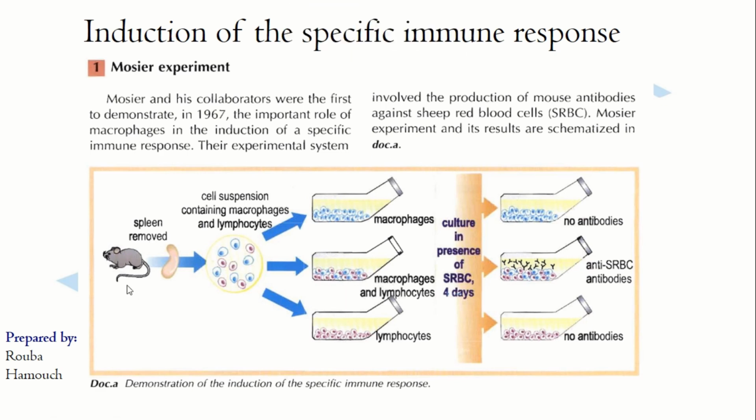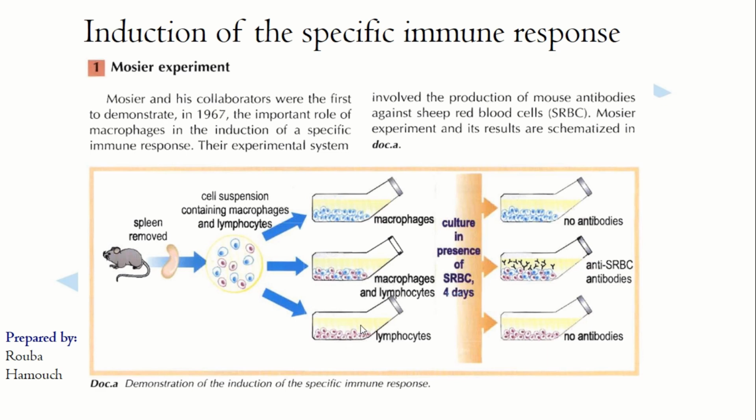So, after immunizing the mouse, we remove its spleen, and we extract from the spleen the macrophages and the lymphocytes. Then we separate these cells into 3 culture media. The first medium contains only macrophages.